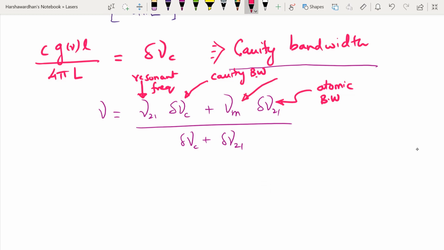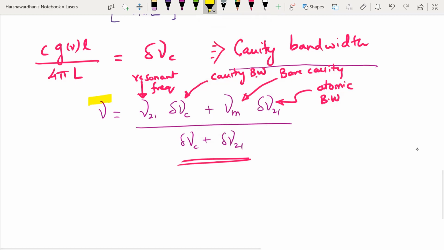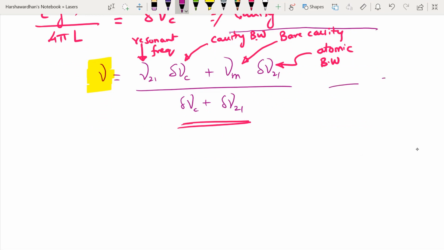Nu_m is the bare cavity frequency, and you have the two bandwidths at the bottom. So you see that the frequency at which the laser oscillates has got to do with the bare cavity frequency. It is not really that. It is not really the resonant frequency of the atomic system. It is actually a compromise between the two. And this I'm calling equation 2.